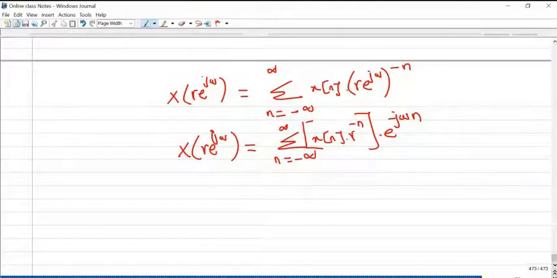If you find the DTFT of a signal multiplied with r power minus n, then that will be equivalent to the Z transform. How are CTFT and Laplace transform related? Similarly, DTFT and Z transform. It is the DTFT of a given signal x of n multiplied with r power minus n.